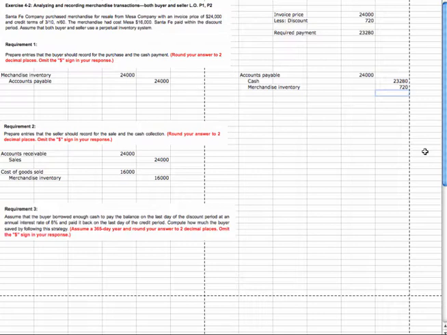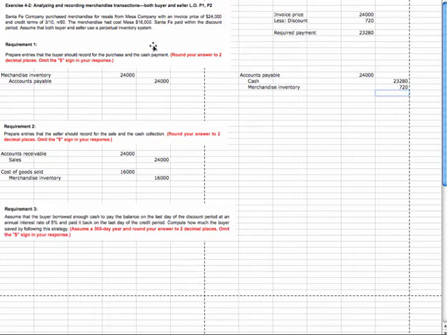Now, once again, let me say that one more time. If we were using the periodic inventory system, the other inventory system that we talked about, where we update our inventory at the end of the period, this $720 discount would be posted to an account called purchase discounts. And at the end of the period, it would update the inventory balance.